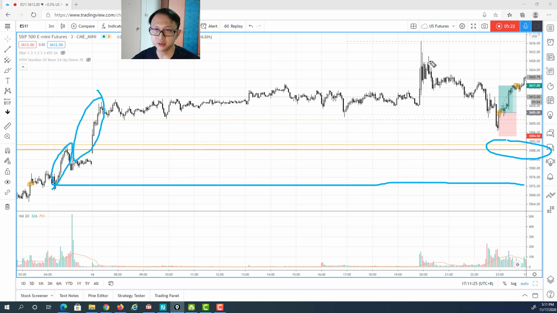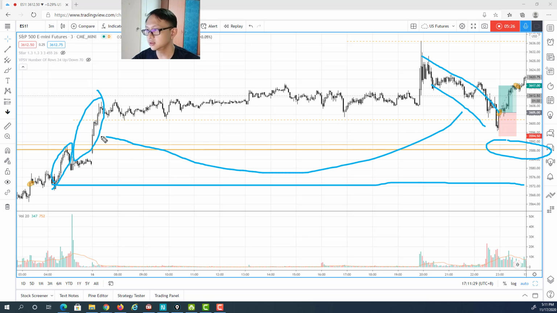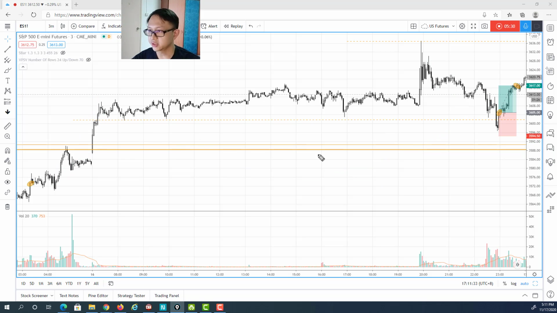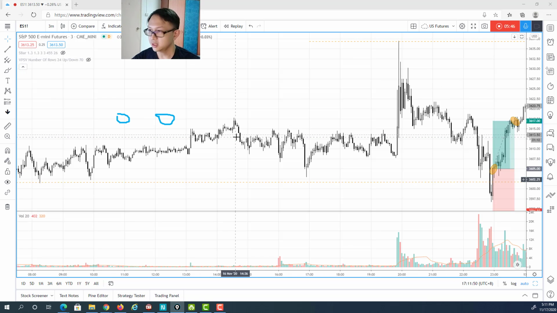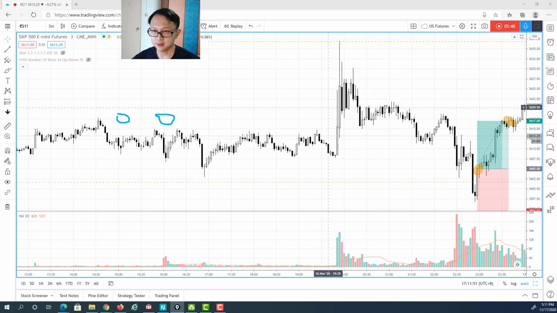So this reaction actually tested this breakout bar here. It didn't really touch the 35.87, which was the very obvious level. So that's how I operate from the structure. I lean against the Globex low from the previous day. That's the trade context.